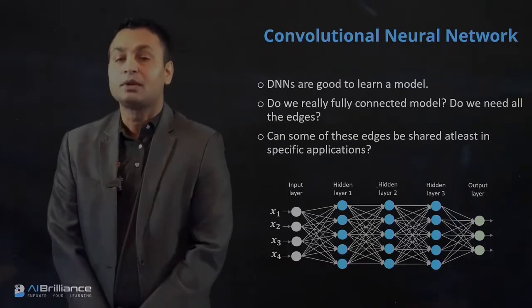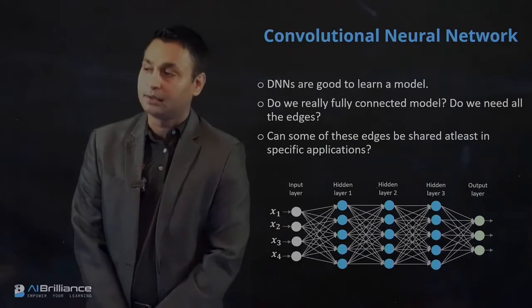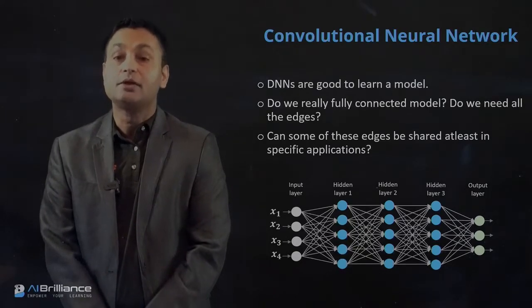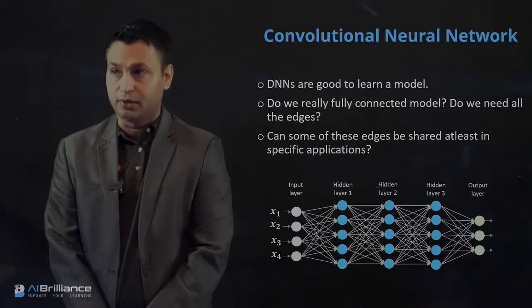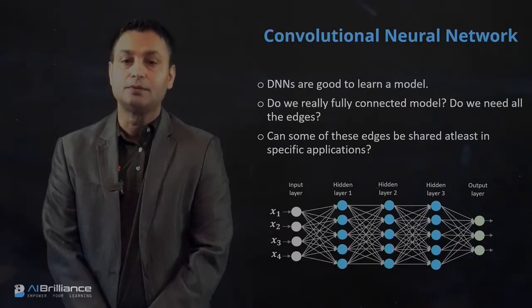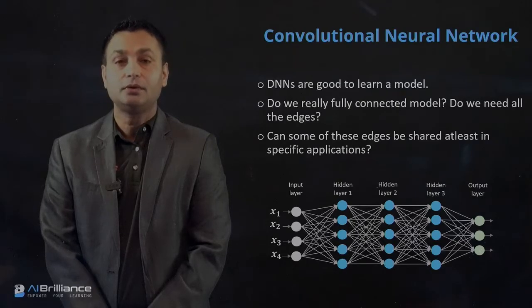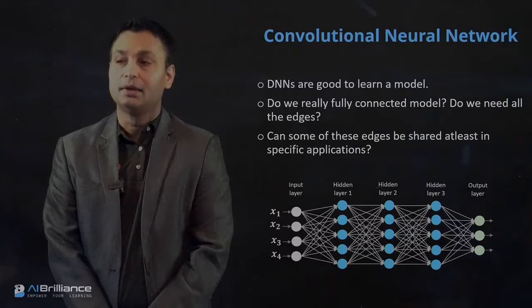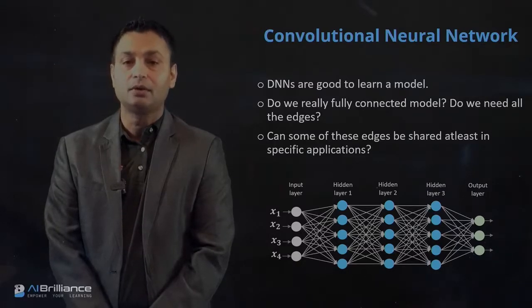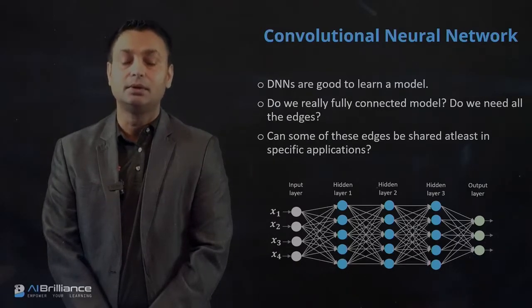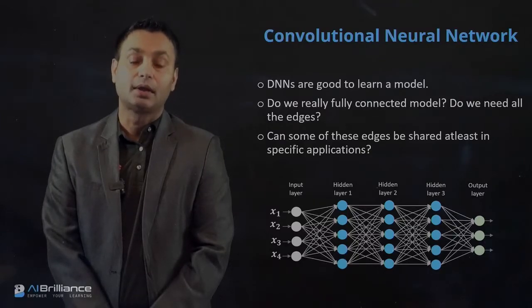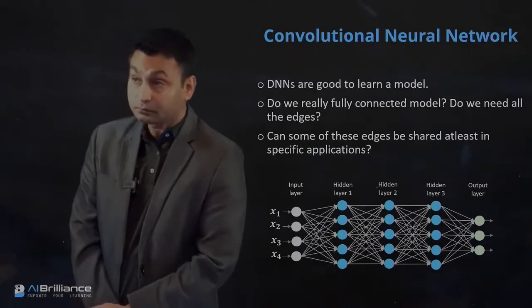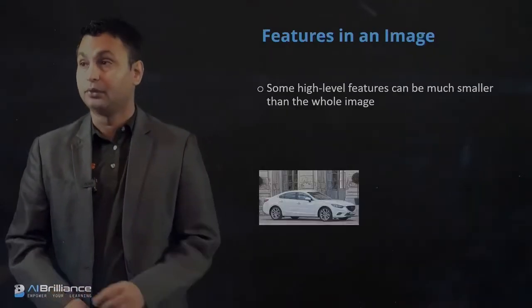It turns out that convolutional neural networks are a class of techniques which allows us to replace some of these edges specifically for image processing tasks. For that application, we can have a slightly different framework, a slightly different computational pipeline that simplifies the model, so the number of parameters we need to learn will be smaller than in the classical deep neural networks. Okay, and that's the premise of any convolutional neural network.